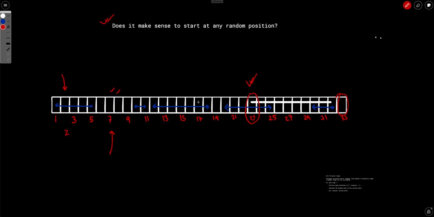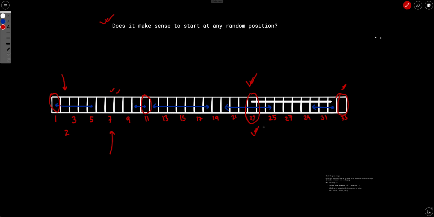In the previous scenario, this cell was covered before, and after shifting it was also covered. This cell is covered, this is a new cell, and this is also covered. So this is an equivalent scenario. But in this case, if the previous cell has a tile, then after shifting we are in a better place. Previously this cell was not covered, but now the new cell which we got in its place is covered with a tile. So we are in a better place.